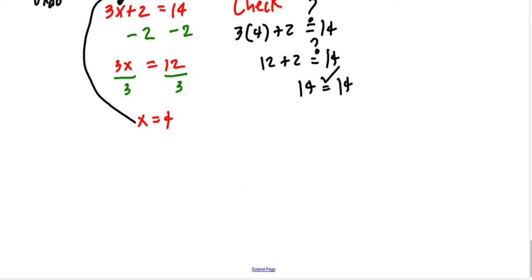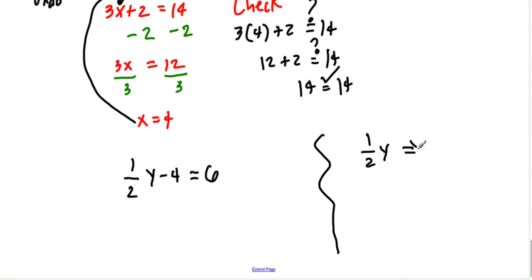Let us do, let's say, 1/2 y minus 4 is equal to 6. Again, 1/2 y, if you remember, is the same as y over 2. Let me give you an example.